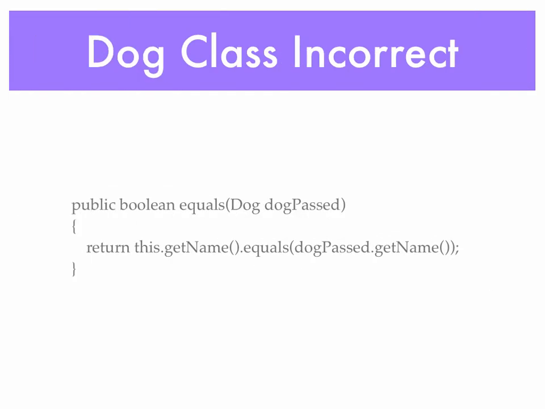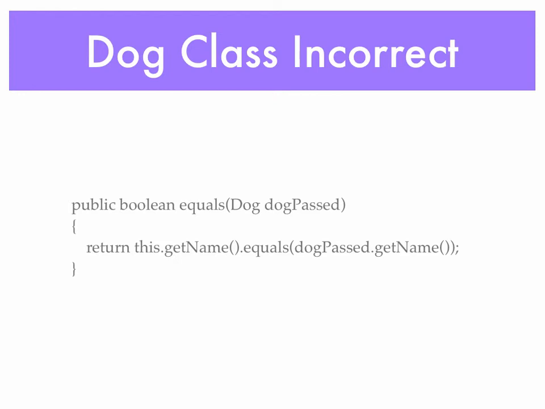Now most first-year programming students would define their equals method within the Dog class, and that's the child class, this way, that they would expect to have passed into this method an instance of the class Dog, and they would return back the result of this evaluation, and that is that the calling object, this, would call the method getName, or it could have just found name.